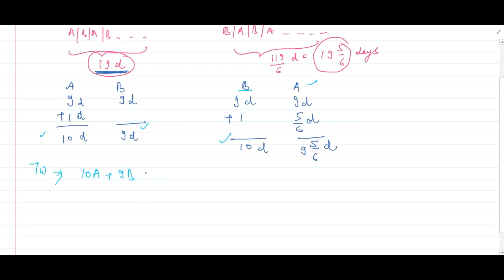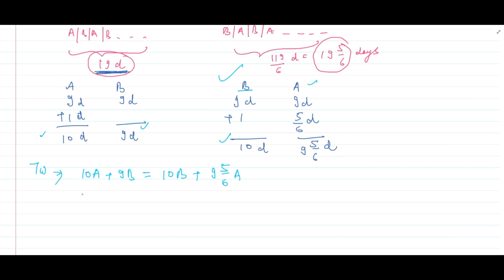This work will be equal to the work done by these two, 10B plus 5 by 6 A, and we know they do the same work, so total work will be the same.